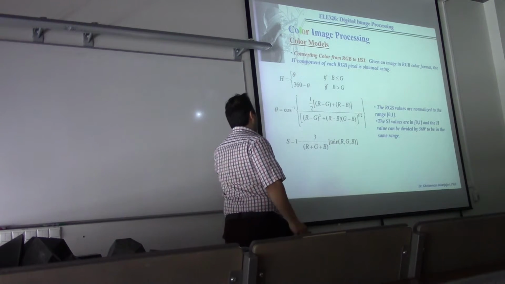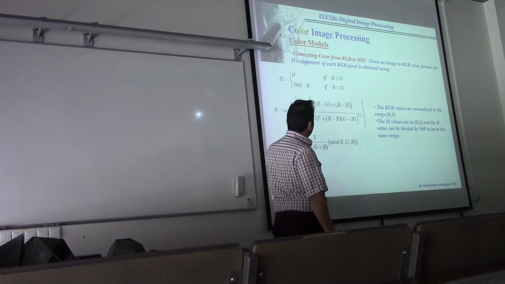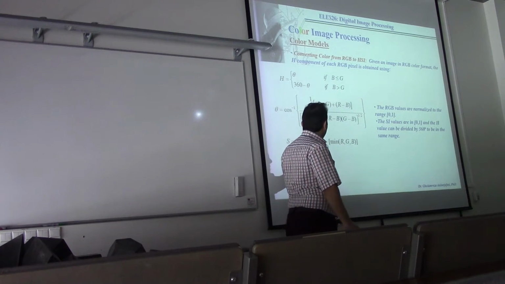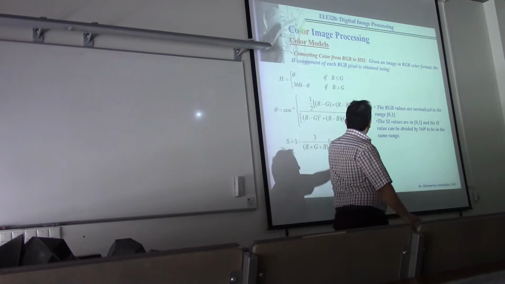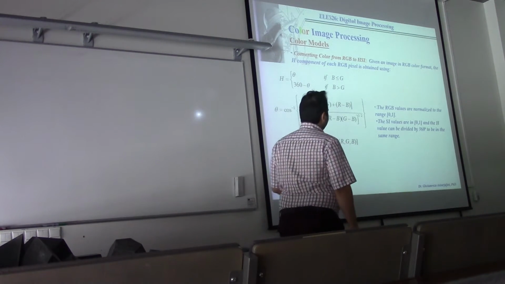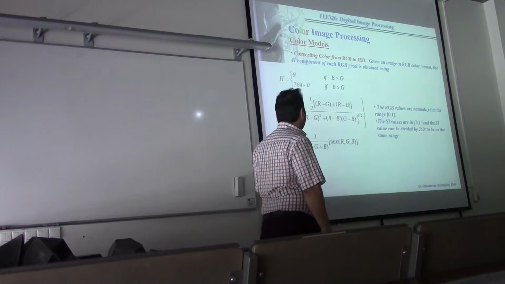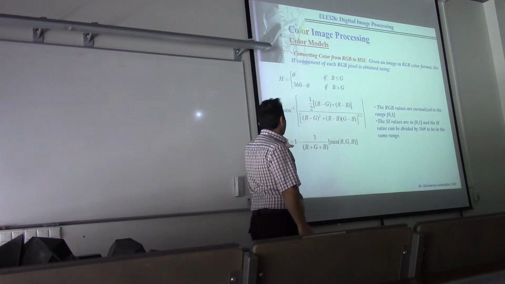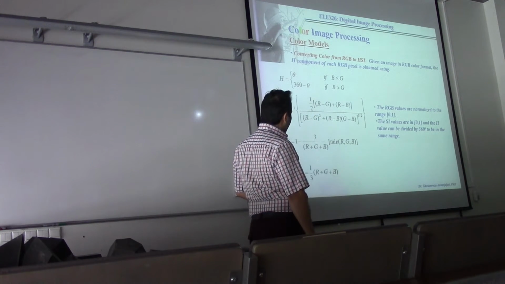And also for the saturation, we have this equation: 1 minus 3 over R plus G plus B, multiplied by the minimum value of the red, green, and blue, to find the saturation value for the certain pixel that we want to convert.